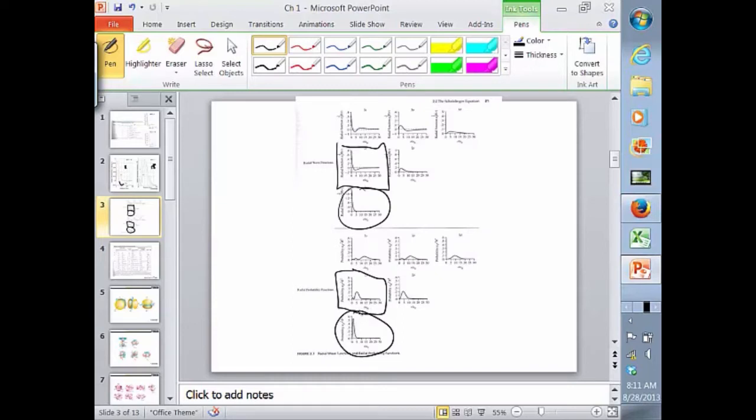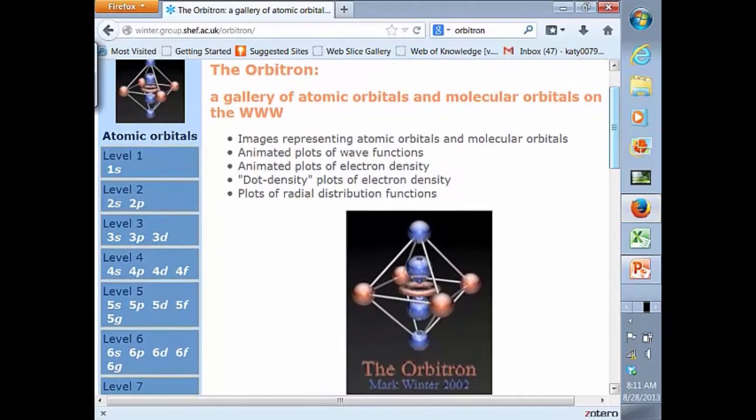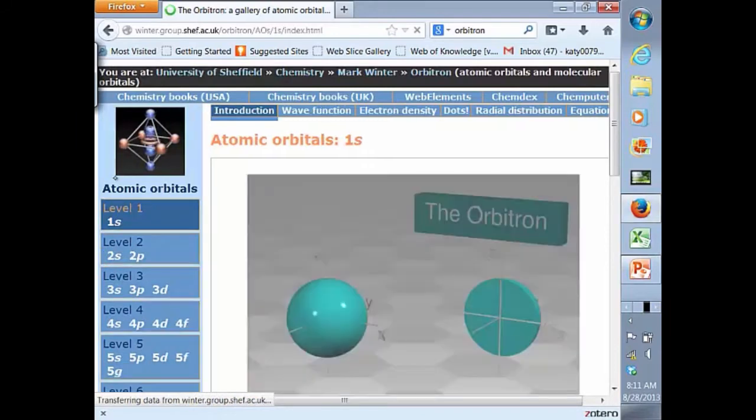So do you remember from any of your classes that the 1s orbital is just a sphere and the 2s orbital is a sphere, but it has a radial node within that sphere? Do you guys remember that? Okay. So in case you don't, let me just go to this website. This is the Orbitron website, and it's really useful for looking at the orbitals. So if I look at the 1s orbital, it just looks like a sphere.